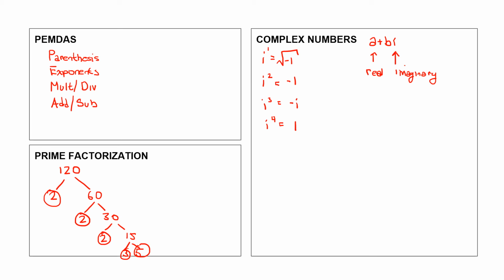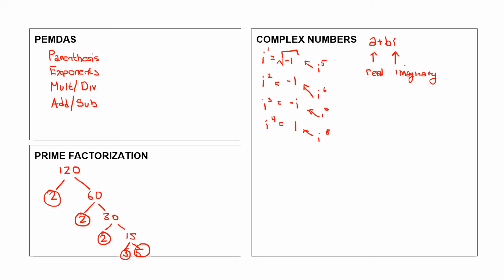And note that as this cycle keeps going, we can extend these exponents into the other powers. This one would correspond to i to the fifth. This one would correspond to i to the sixth. This one to i to the seventh. This one to i to the eighth. And the same process continues for the higher powers.